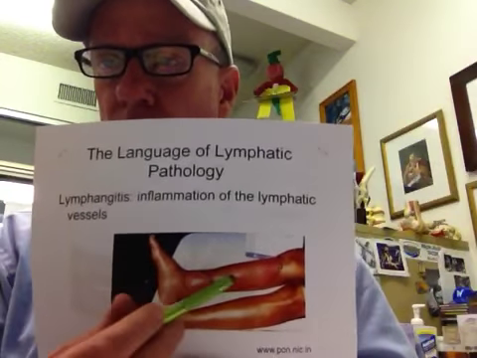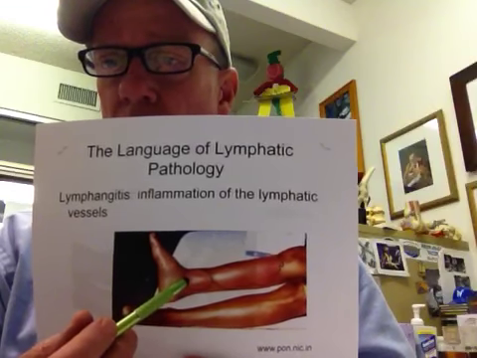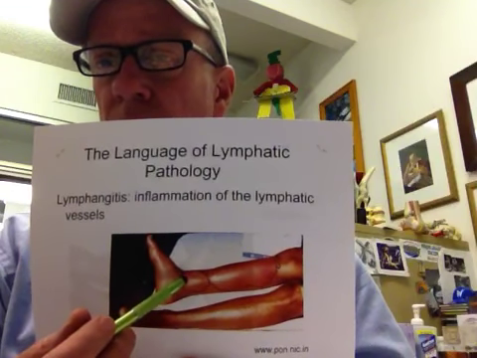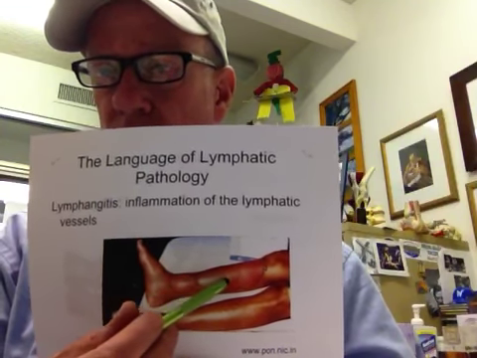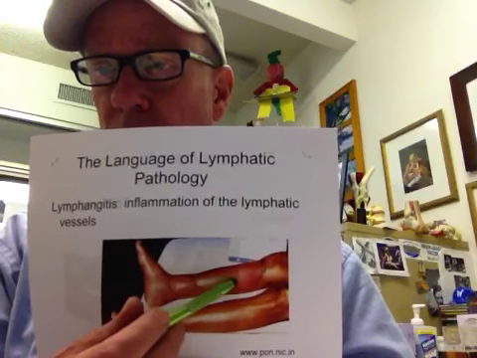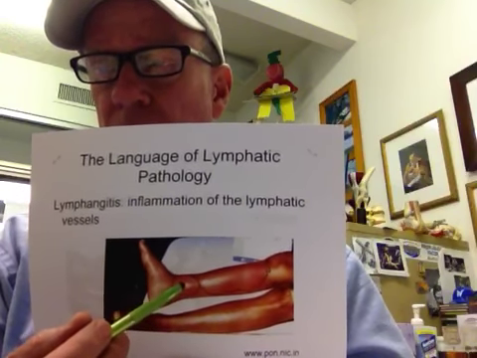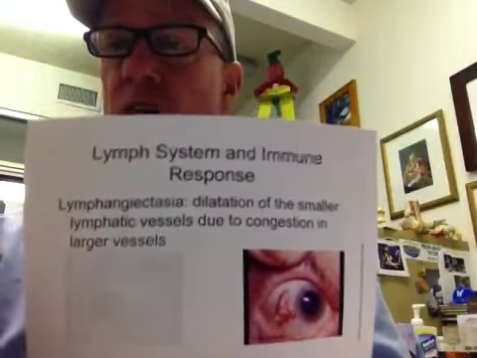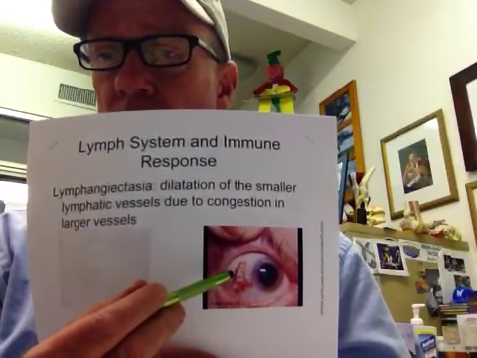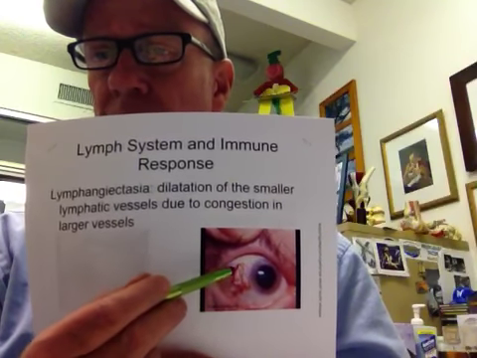And then when the lymphatic vessels become inflamed, it's called lymphangitis. Here's a darkly pigmented person, and you can track these red lines, lymphatic vessels, superiorly. And then lymphangiectasia. Lymphangiectasia is inflammation of the lymphatic vessels in the eye.